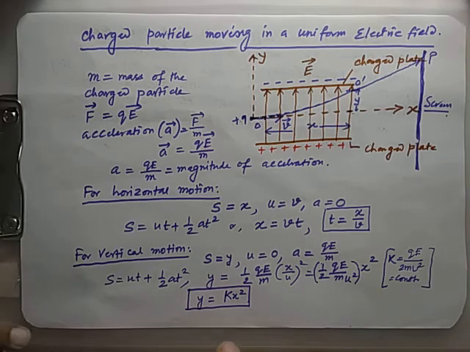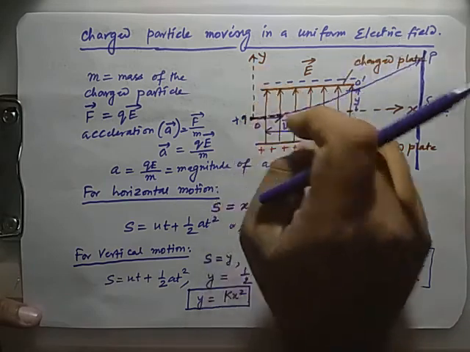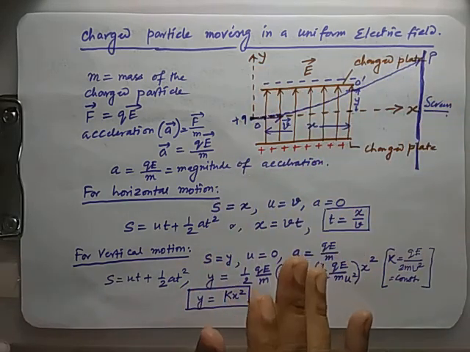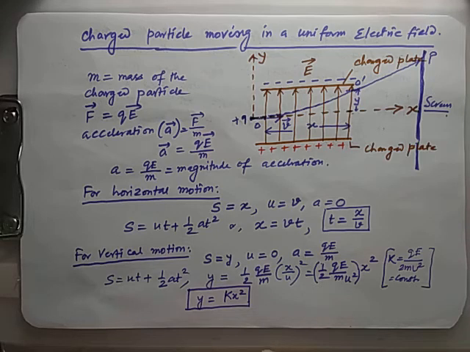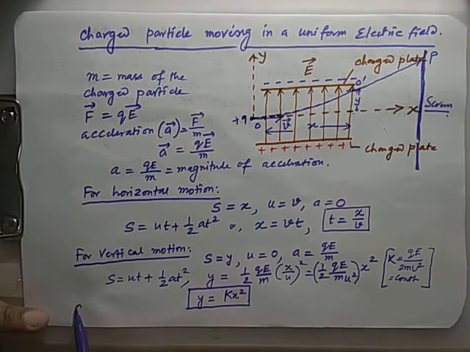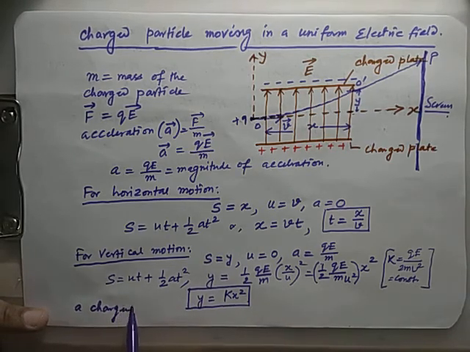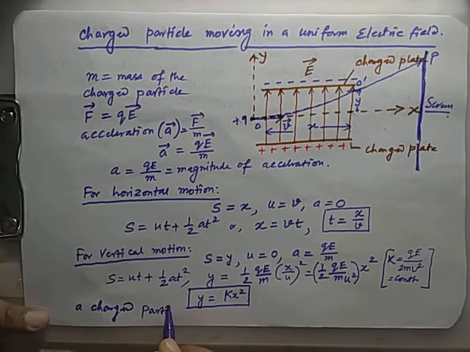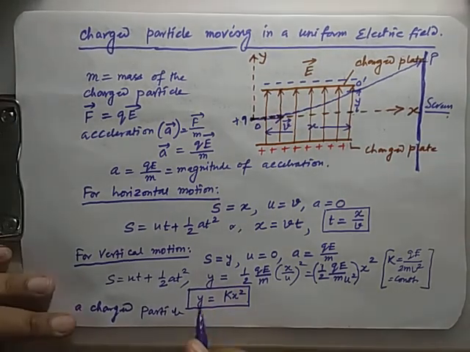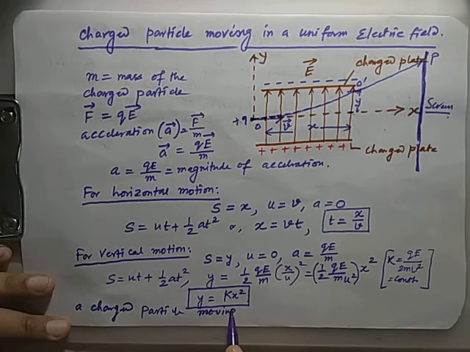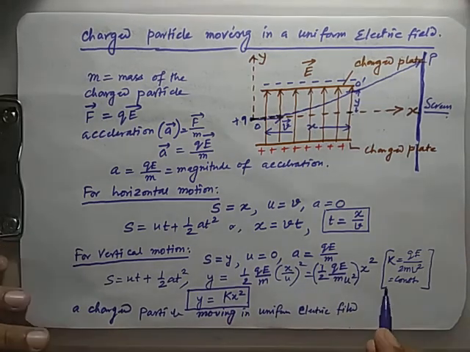So from this equation, combining the x-axis and y-axis motion of the charged particle moving in the electric field, we learn that a charged particle moving in a uniform electric field follows a parabolic path.